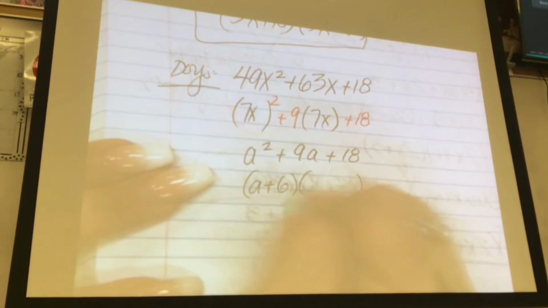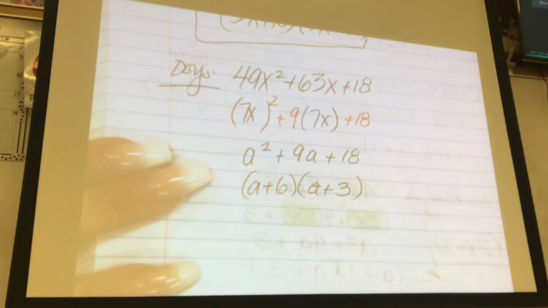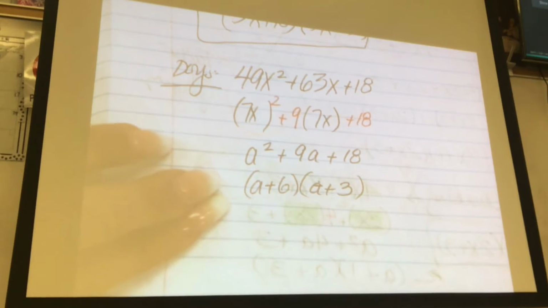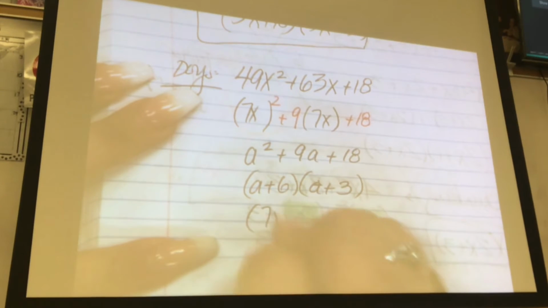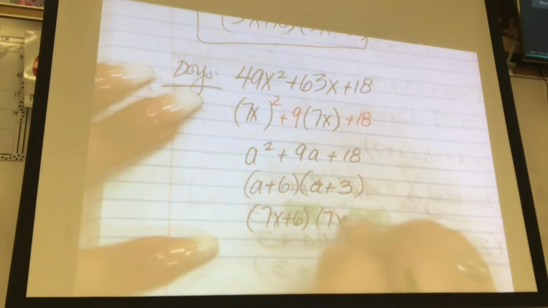Six and 3, good. Oh, you guys about to have a factoring test. And then what? You switch the a back to 7x, and 7x plus 6 and then 7x.